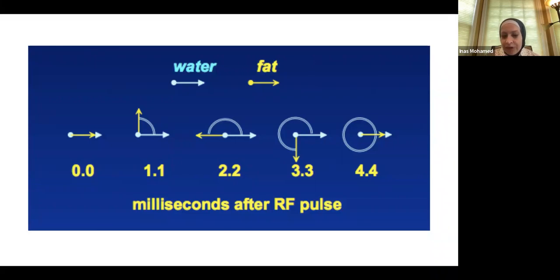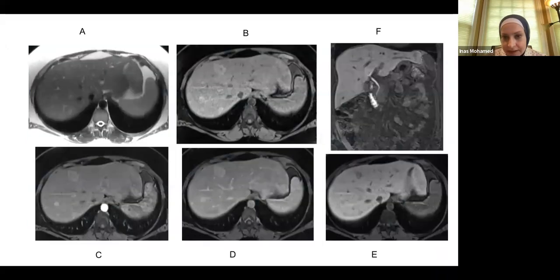So in the out of phase, if you have intracellular lipid, you are going to lose the signal, because these two runners in the voxel are out of phase, opposing each other, okay? So this is basically what the in and out of phase is.